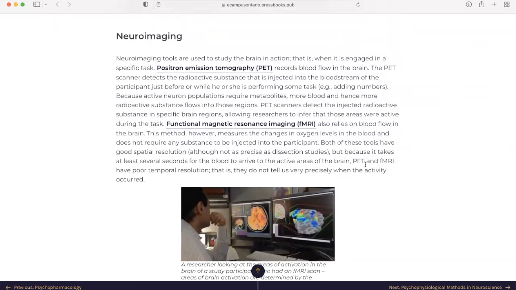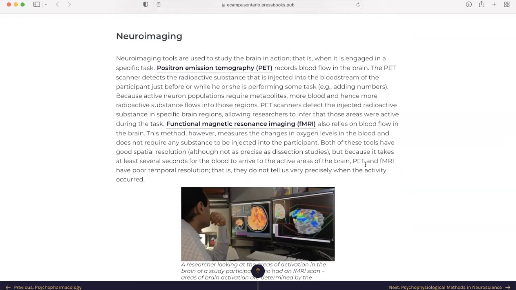The next learning objective was to be able to distinguish among the four neuroimaging methods, the PET, fMRI, EEG, and DOI. Now, this is where it all comes together, because PET scans, positron emission tomography, record blood flow in the brain.